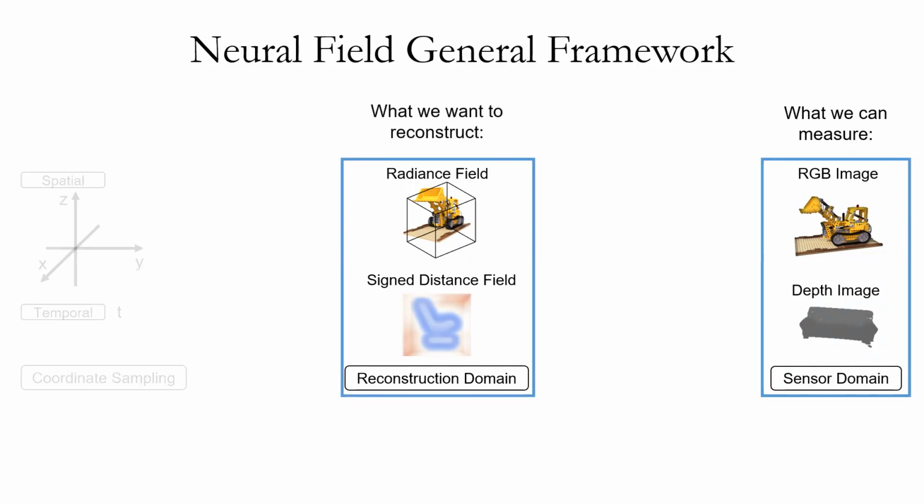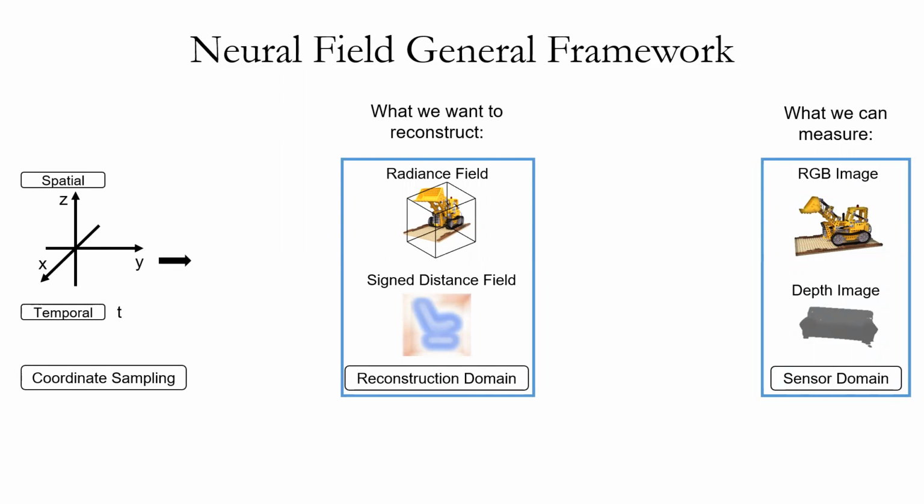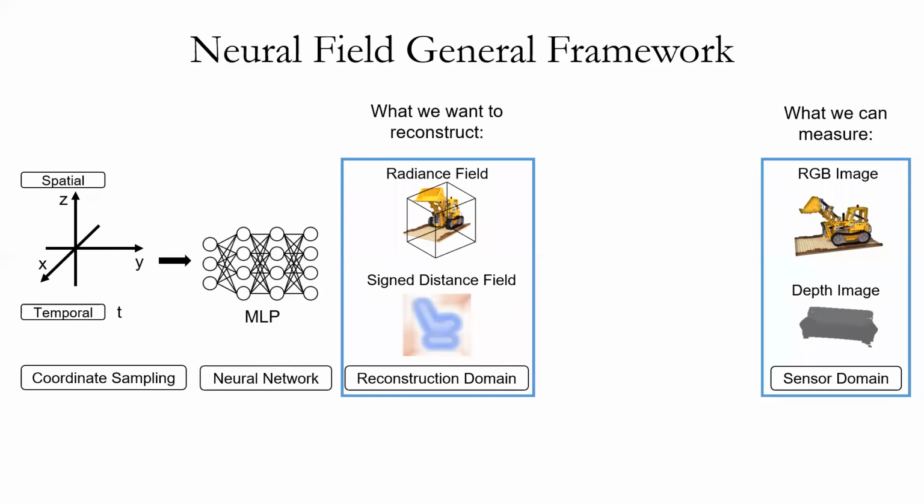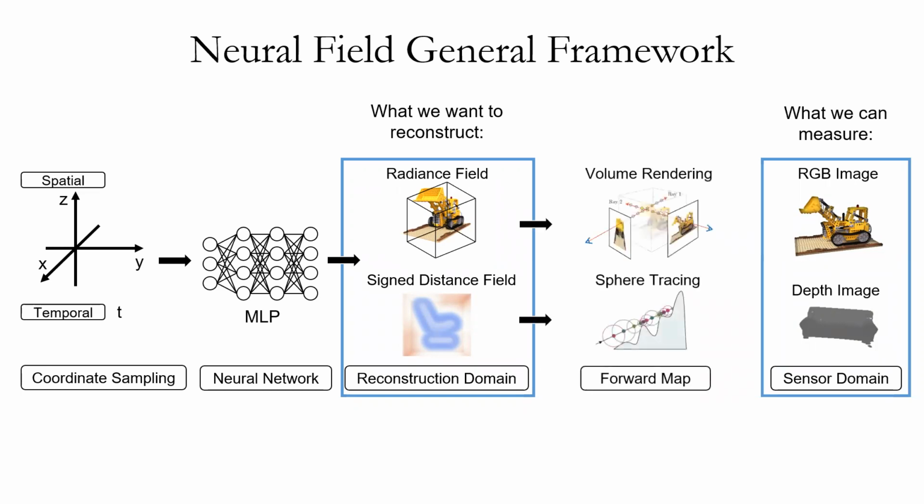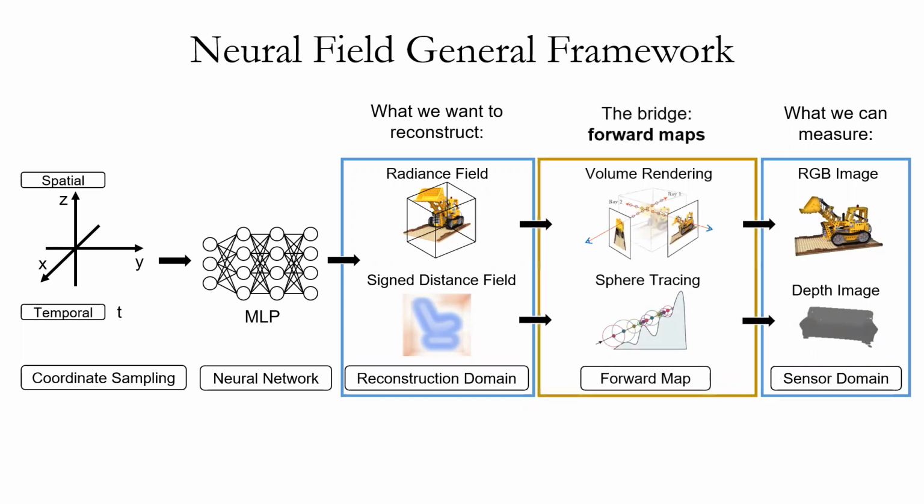So typically these methods start by providing a sample in some coordinate space over space-time, and then feeding this into a neural network, such as a multi-layer perceptron, that's going to be asked to predict the values within the reconstruction domain at that particular point sample, okay? The bridge that takes us from the reconstruction domain to the sensor domain is what we call the forward map.